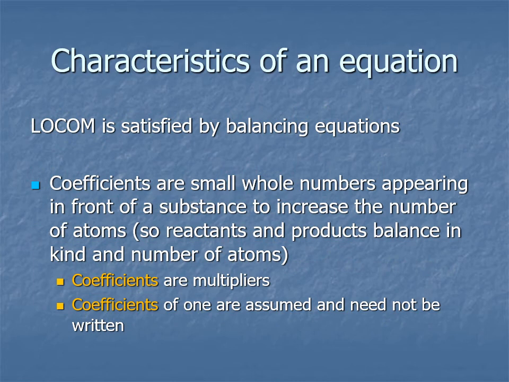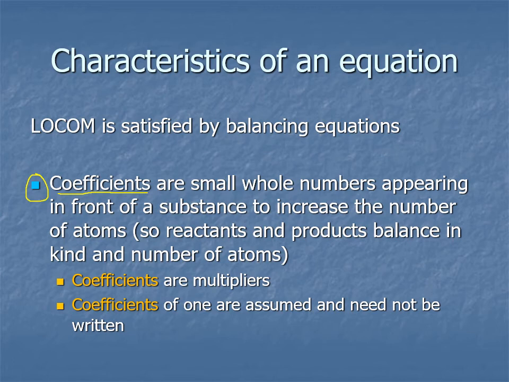Also, with the characteristics of chemical equations, not only is the law of conservation of mass needing to be satisfied on paper, because nature never loses anything, but how we satisfy it, how we balance an equation, is by using these things called coefficients, which are numbers, small whole numbers always. We're not allowed to use decimals or anything like that.